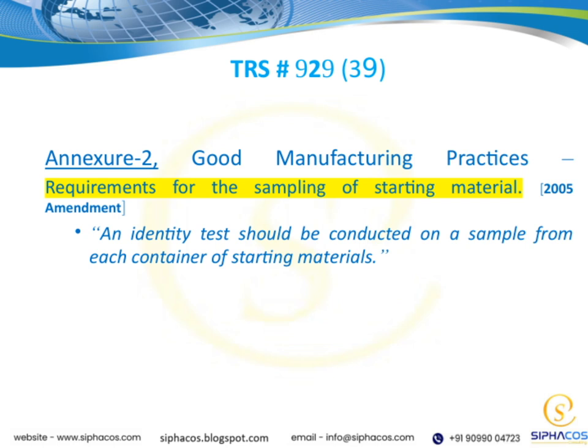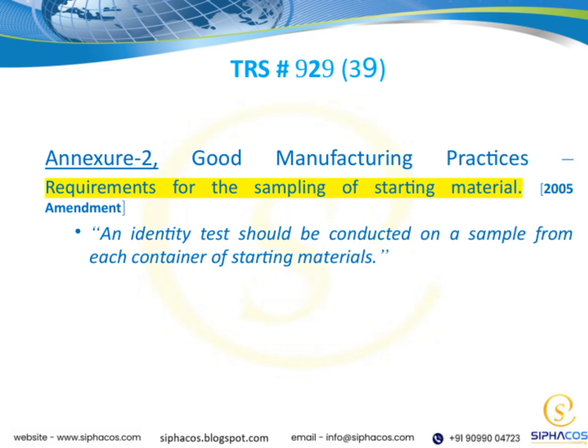By testing every container, we reduce the risk of using contaminated or incorrect materials in our manufacturing process. This step is fundamental to GMP because it helps us verify that our raw materials meet the specified standards before they undergo further processing.